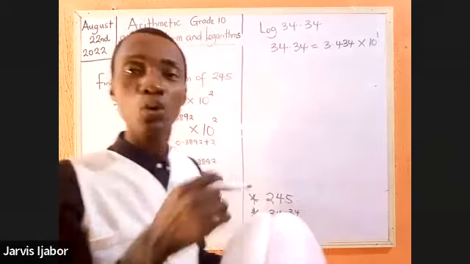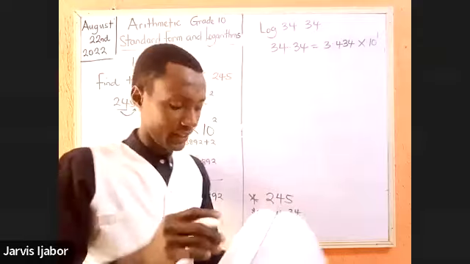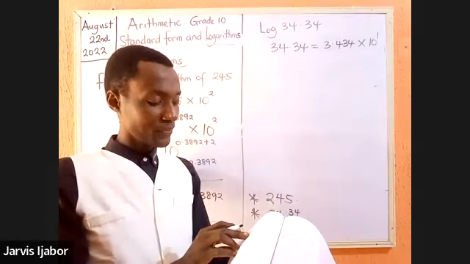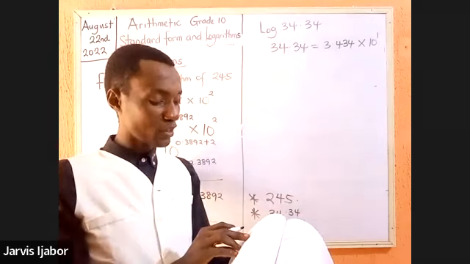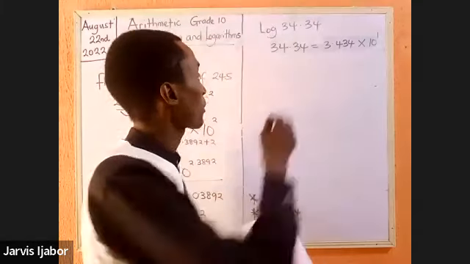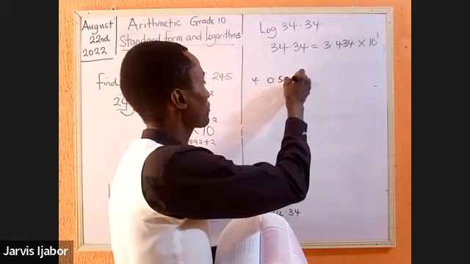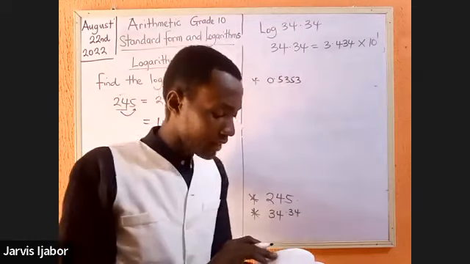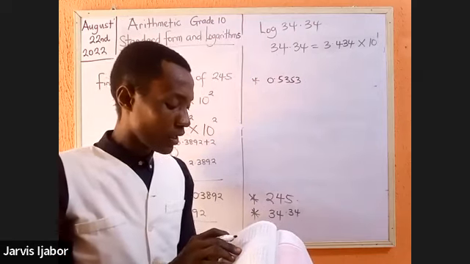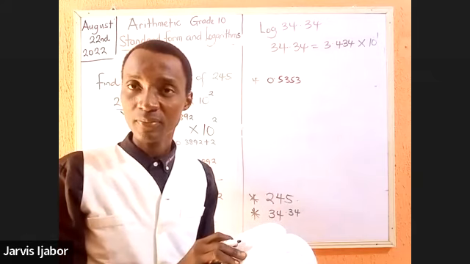Now you go to your table, you look for 34 under 3, and I'm seeing 5353. Confirm 5353. So I'm going to write this somewhere in my book, 0.5353. And along that path, I will trace to where I have difference of 4. If you've done the tracing right, you're going to see 5.